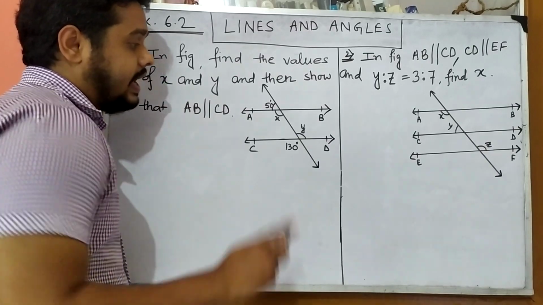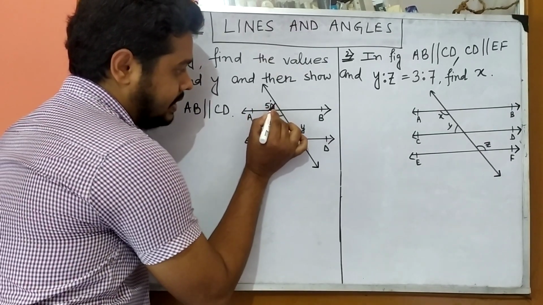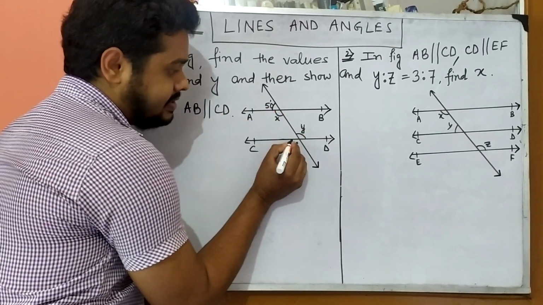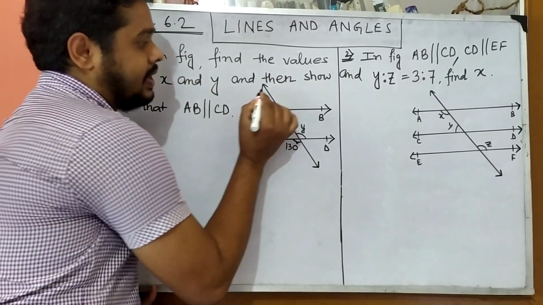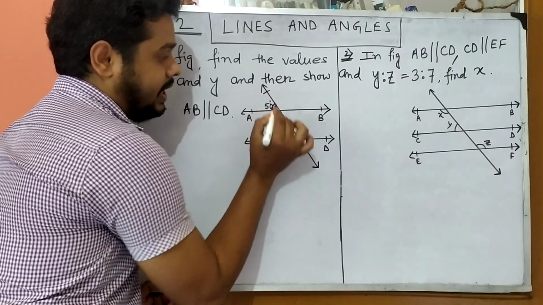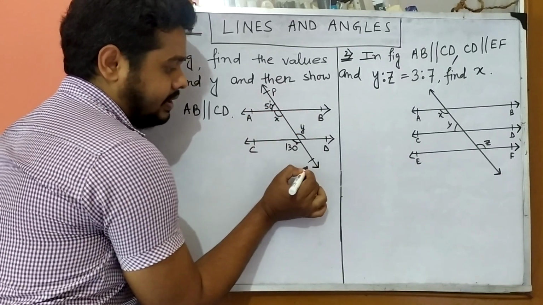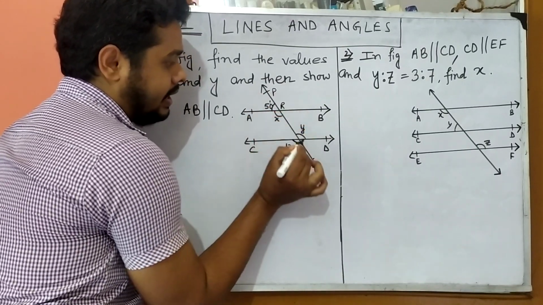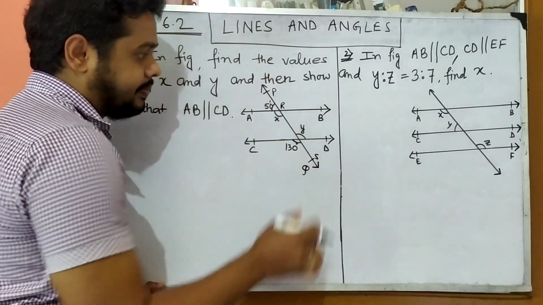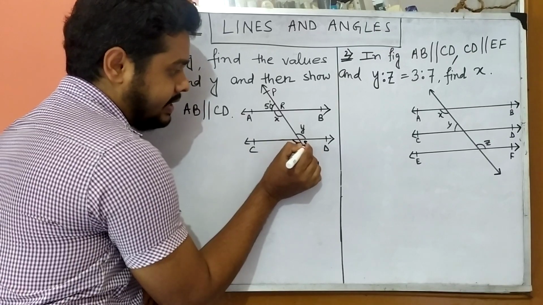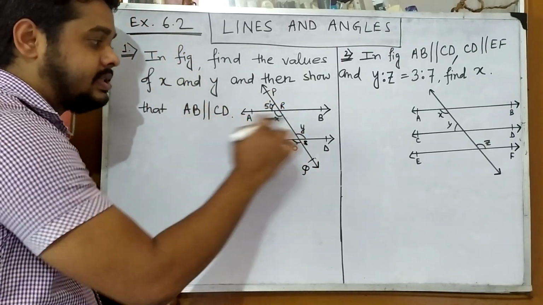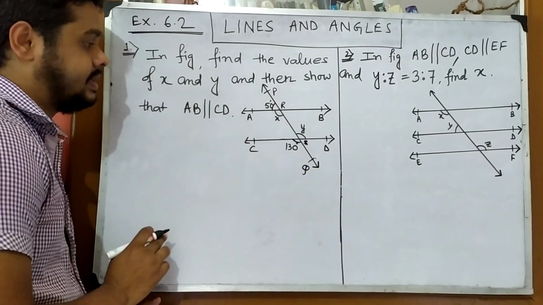See, this angle is 50 degrees, and this angle is 130 degrees, given. Let's assume that this is the line PQ, and R and S are the intersecting points of these two lines.